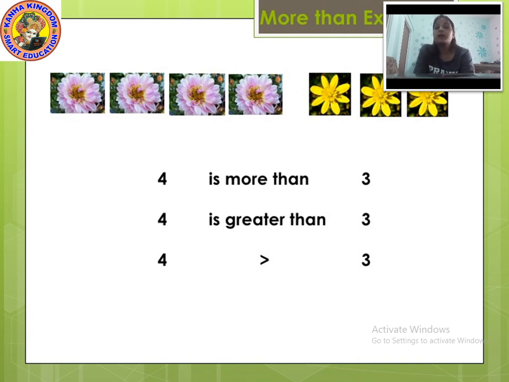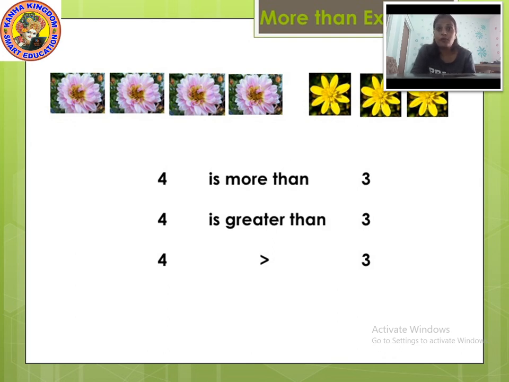On our left hand side, let's count how many flowers there are. 1, 2, 3, 4. 4 flowers on our left hand side, and on our right hand side, let's count how many flowers. 1, 2, 3. 3 flowers on the right hand side and 4 flowers on our left hand side. Now which is more and which is less?